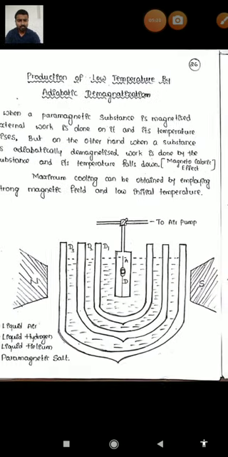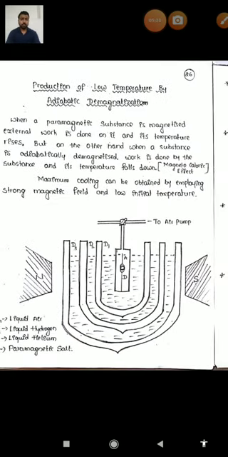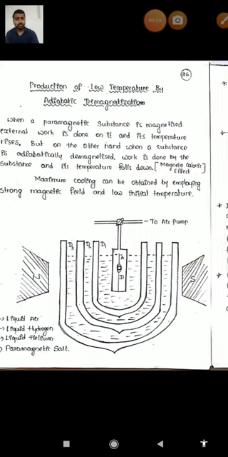This is how we can produce low temperature by the adiabatic demagnetization process. According to Curie's law, the susceptibility of a paramagnetic substance is inversely proportional to the absolute temperature, that is chi is proportional to 1/T, which equals a constant.